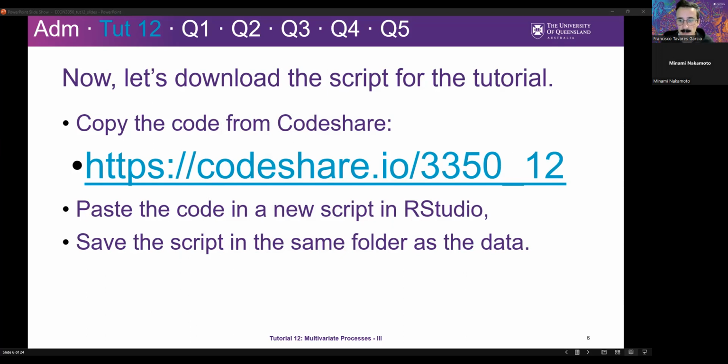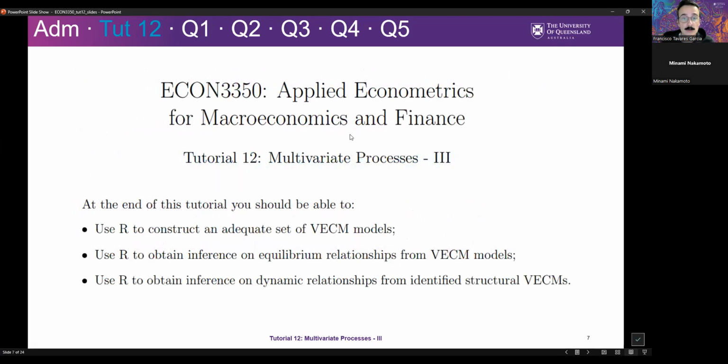Let's go back to the slides. So today we will be talking about a vector error correction model. We had a vector autoregression, and we talked about the error correction model before. It was pretty much getting our ARDLs and reorganizing them in a way that we could see some short run and long run multipliers, right?